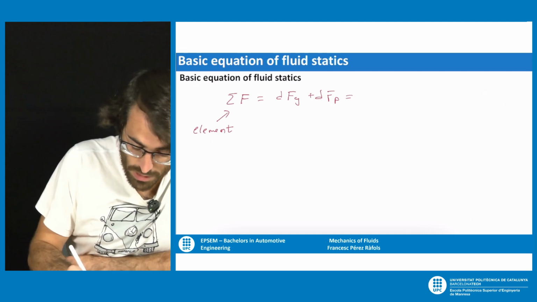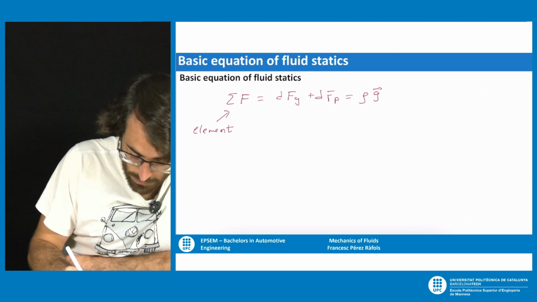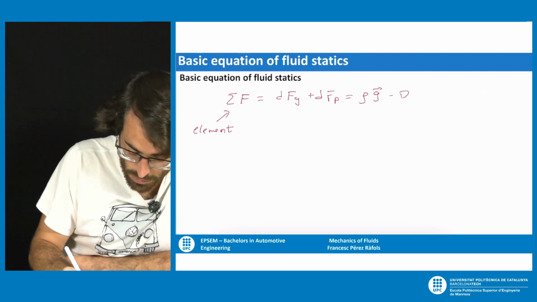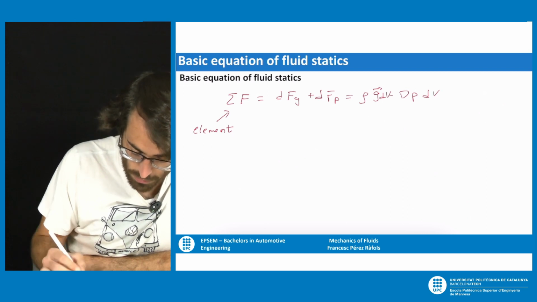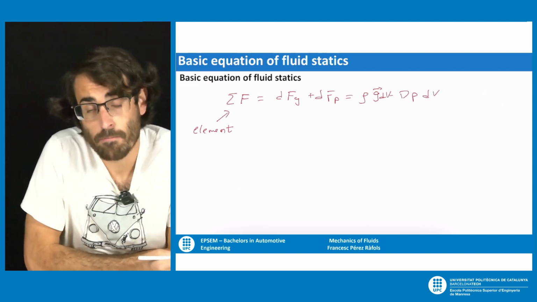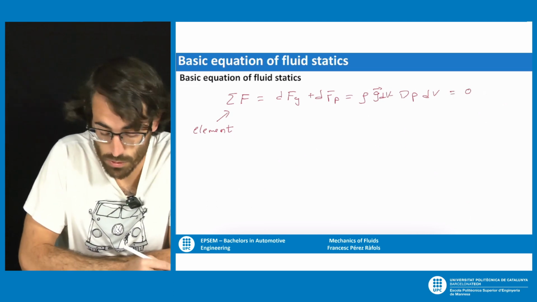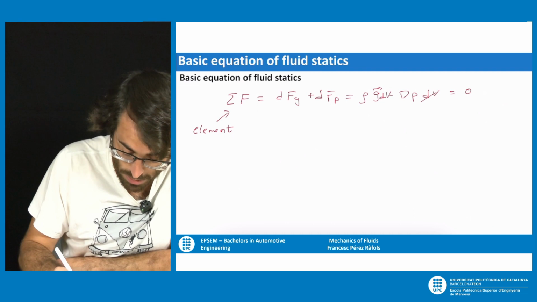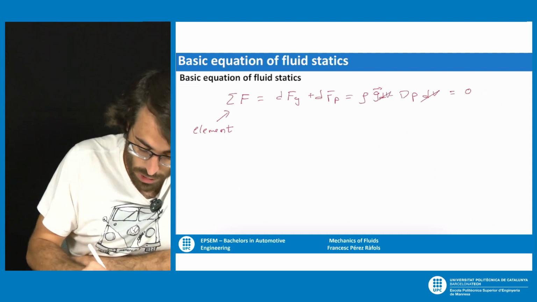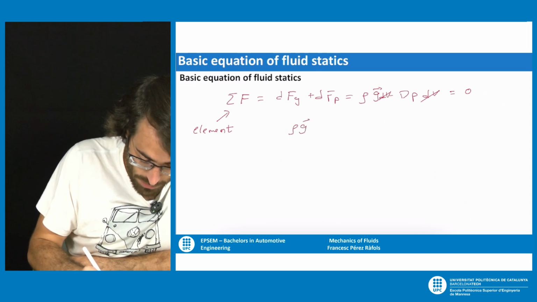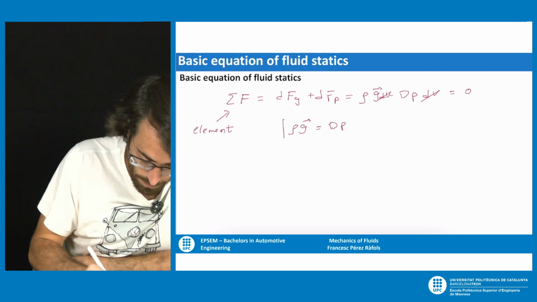The force of gravity was rho times g as a vector, and the force of pressure was minus the gradient of P. And I missed the dV's on both sides. And then, of course, if we're in equilibrium, the sum of forces must be equal to 0, so we get our equation. Now we can cancel the volume, and we get the basic equation of fluid statics, which is rho times g is equal to Nabla P.